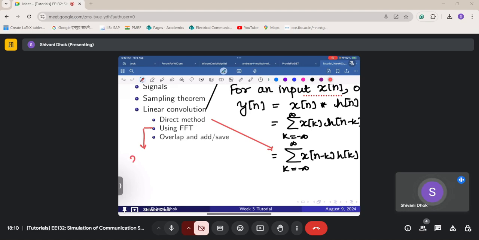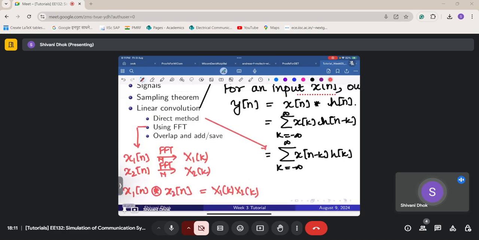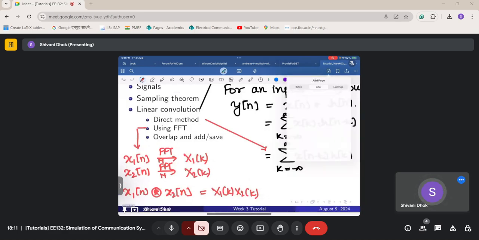What it says is, if I have a signal x1 of n and its DFT, or let's say for now FFT, is X1 of k, and if I have x2 of n, its N-point FFT is X2 of k, and if I circularly convolve, then that will give me multiplication in frequency domain. Now what we need to do is we need to select this N in such a way.